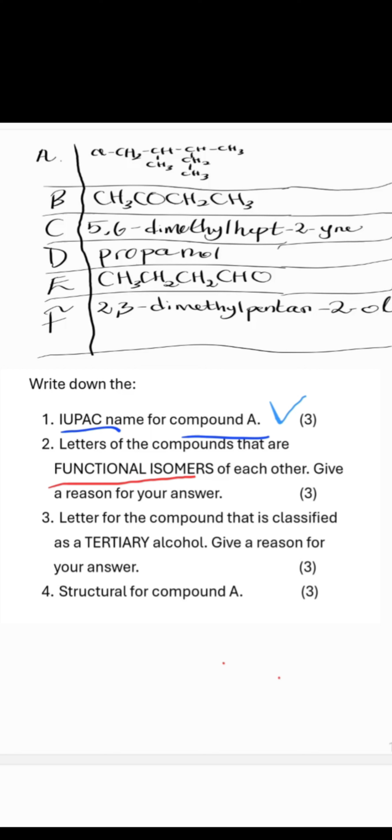So, isomerism, we have to know what are functional isomers, positional isomers, chain isomers, and structural isomers. Those are the types of isomers that we must know under isomerism.